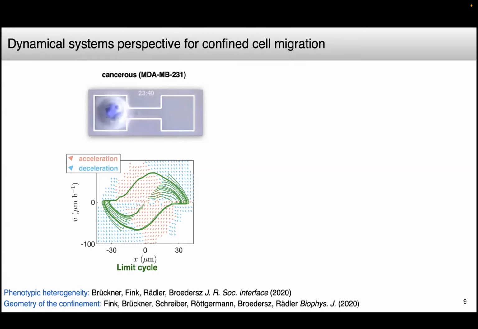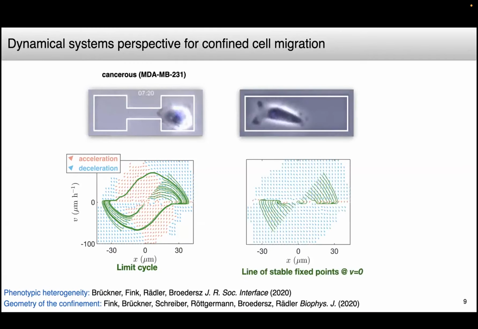The role of the noise is not to facilitate a transition, but it actually plays a role in speeding up the transition quite significantly. Another interesting feature that you can see from these phase portraits is that the cells deterministically accelerate when they move through these constrictions. And this turns out to be a very robust feature of many different cells and many different confinements that we first saw when inspecting such an inferred model.